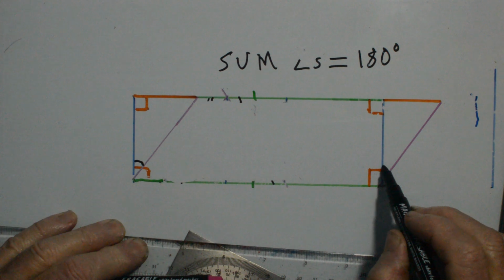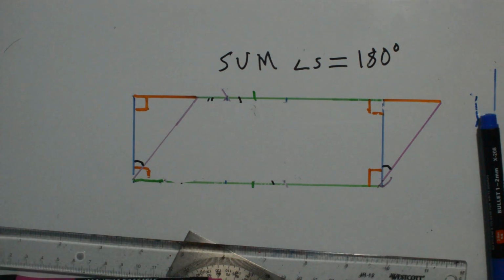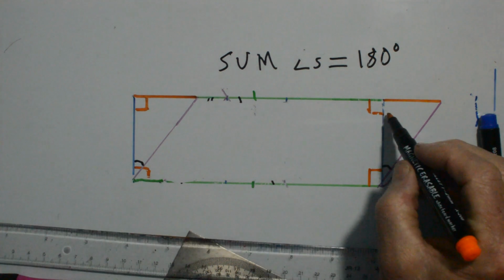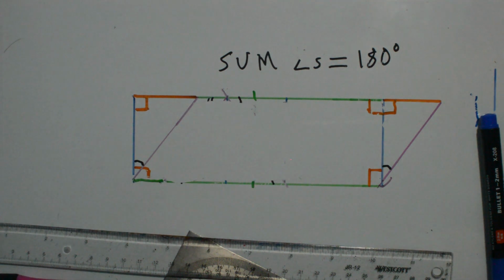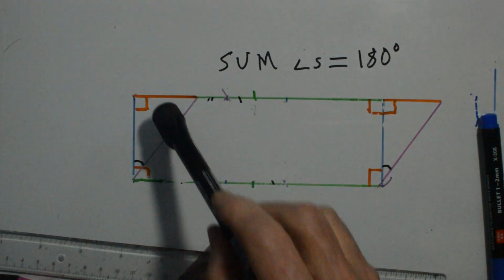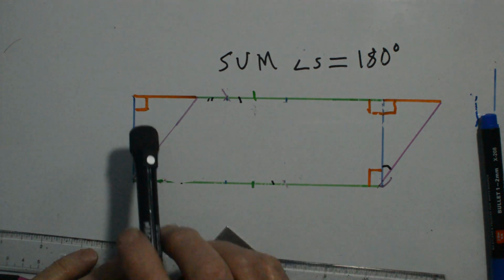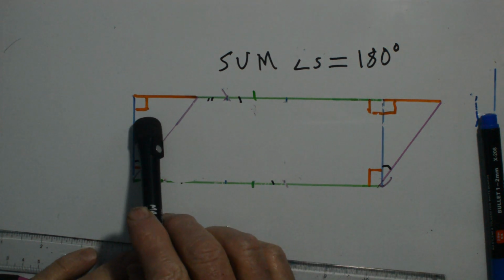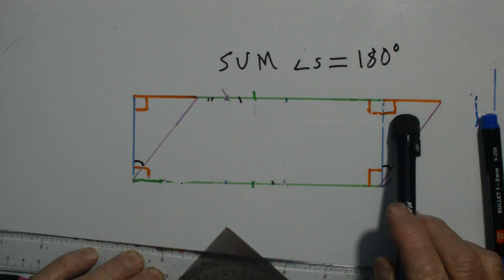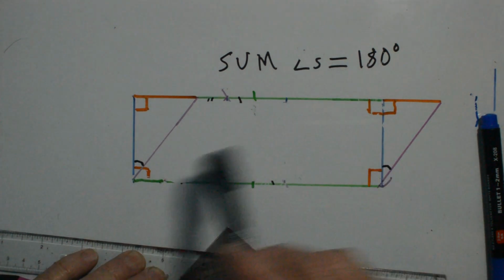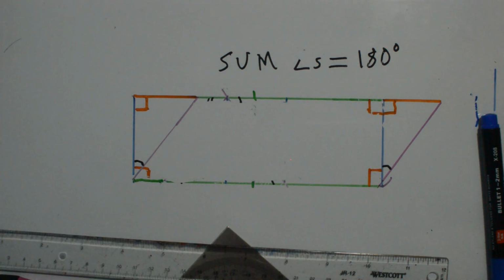These angles are equal. So this triangle and this triangle are equal. And we can do this in several different ways, but that's true. So the area here that's subtracted from the rectangle is added over here to the parallelogram. So the area of the parallelogram and the rectangle are the same.